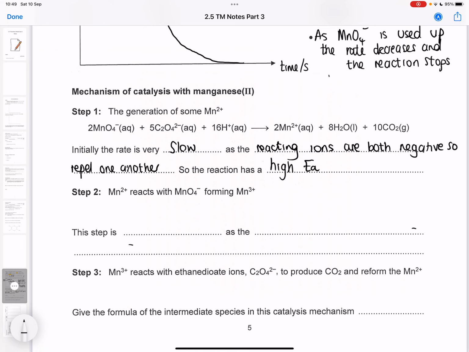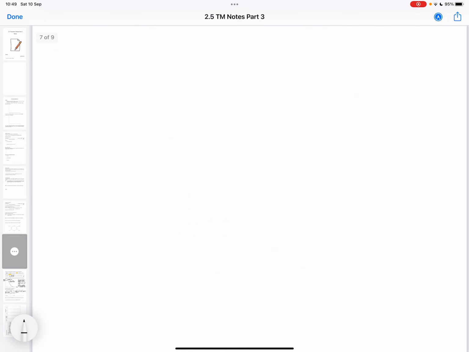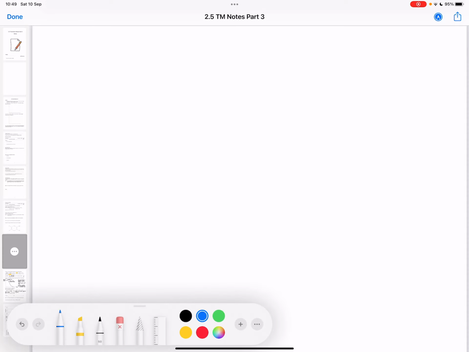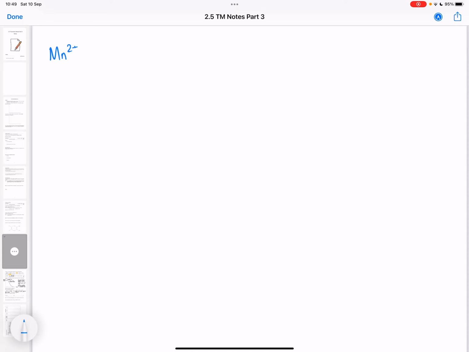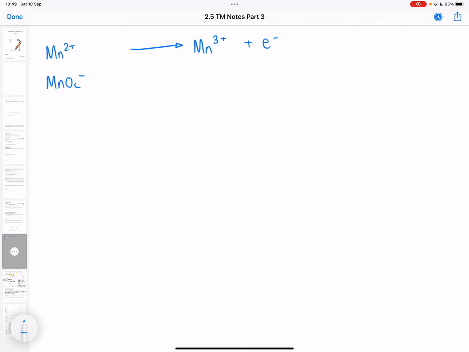So if we take it back a minute and think about our half equations. The Mn2+ that has now been formed is going to be oxidized to Mn3+. We'll balance that with an electron. And the MnO4- is going to be reduced to Mn2+.